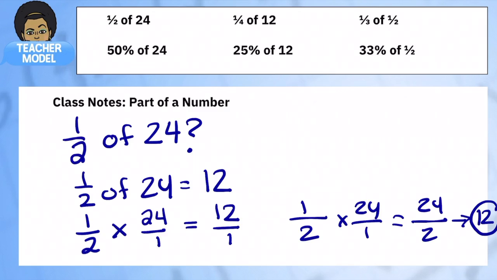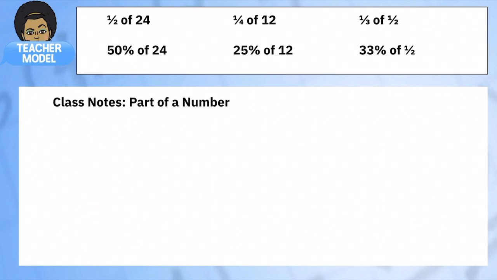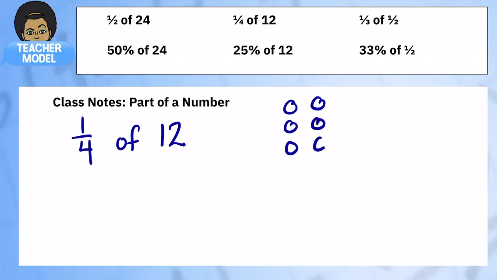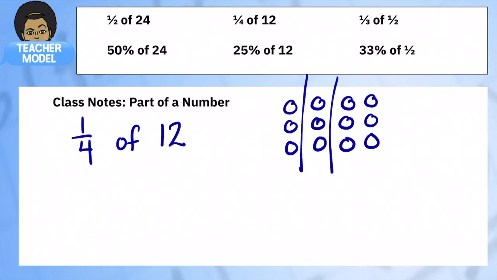Okay, we're going to try it with another example. So 1/4 of 12. Again, I'm going to show picture-wise what this will look like. So here's 12. And if I broke it up into 4 pieces, you can see that 1/4 would have 3. That's why I want to use easy numbers.